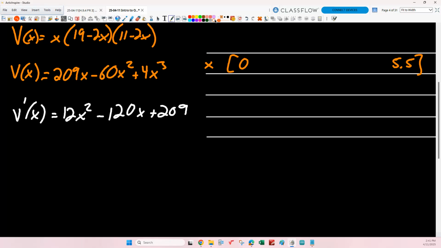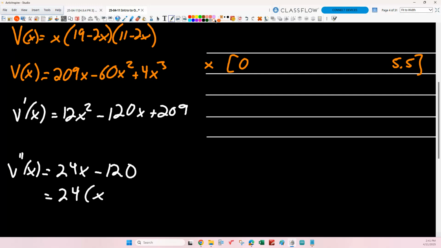Agreed? Should I do a second derivative? Why not? So easy to do. So 24x minus 120, which is just 24 times x minus 5.